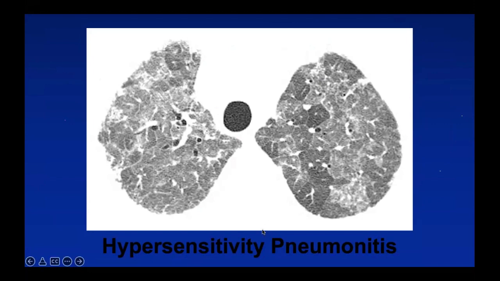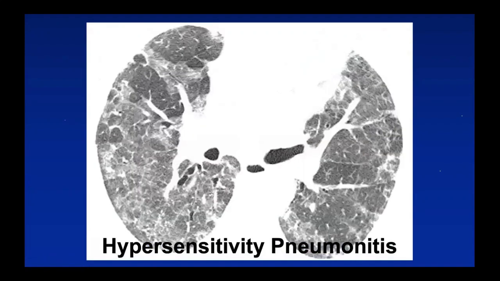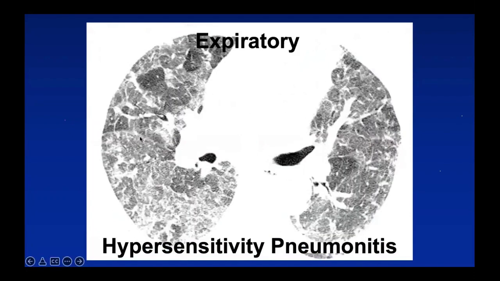But hypersensitivity pneumonitis is the classic one. And again, we see the mosaic attenuation, more normal lung, and then the ground glass opacity with poorly defined margins. So three different densities. This is classic head cheese sign in hypersensitivity pneumonitis.